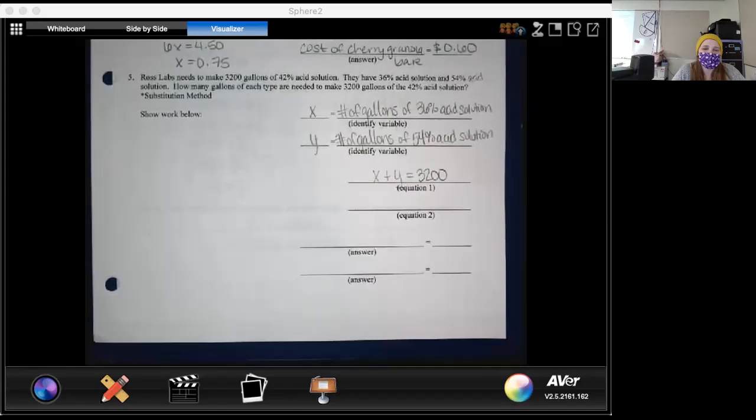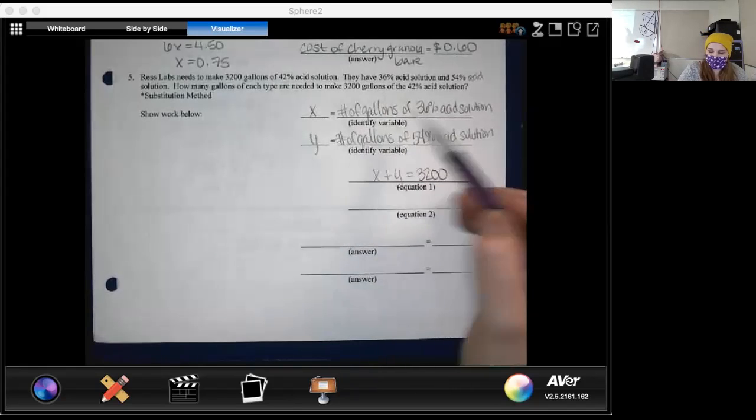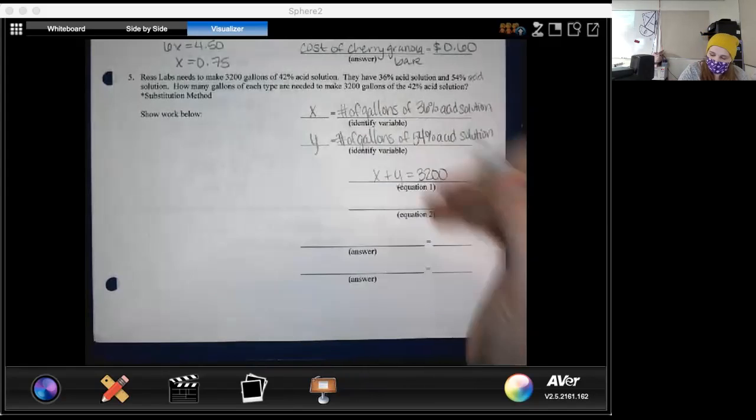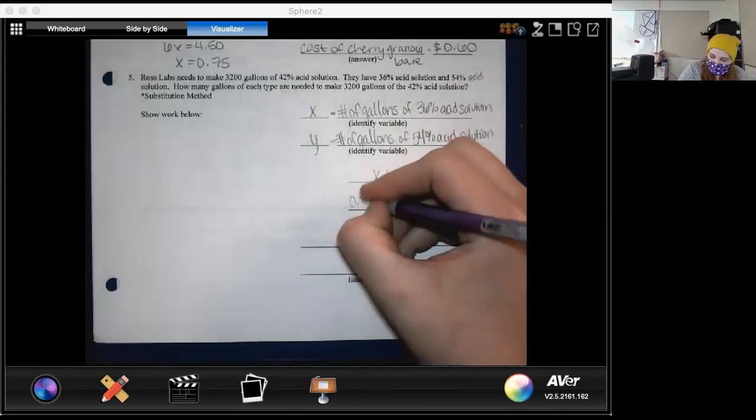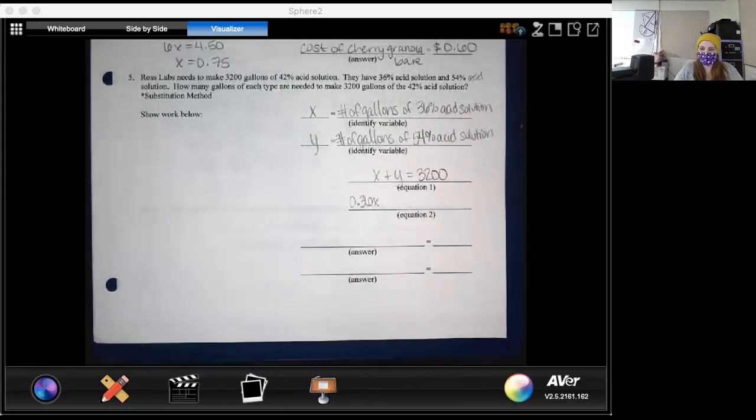Okay. So the second one, thinking about number 3, we had to think about the cost per cup, right? So in this case, we have to think about the percent per acid solution, right? Now, when we use percentages in an equation, what do we have to turn them into? We turn them into decimals. So because X is the number of gallons of 36% acid solution, we're going to want 0.36 times X, right?